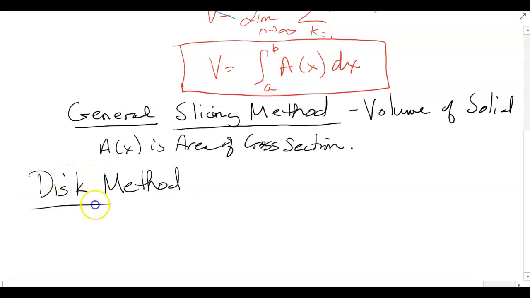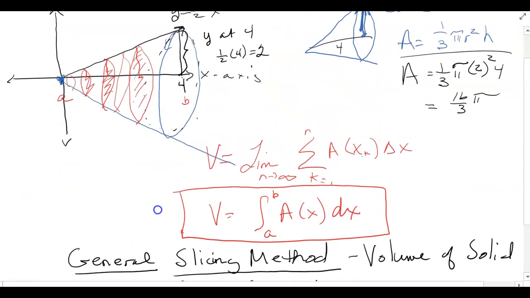And the disk method is what we are going to use here in our cone when we run it through calculus. The disk method occurs and is called such because each of these cross sections represent a disk. If you think about old CDs, they were perfect circles, and you stack them on top of each other, so each of these represents a different sized CD or a different sized disk.